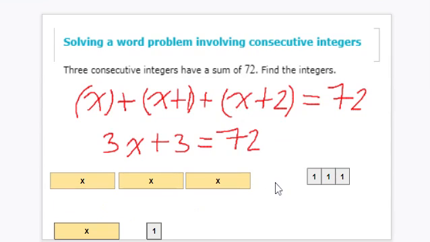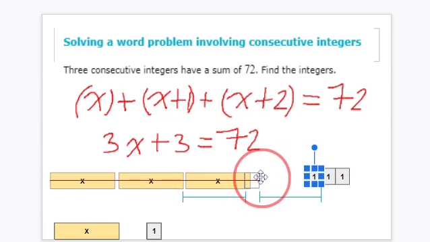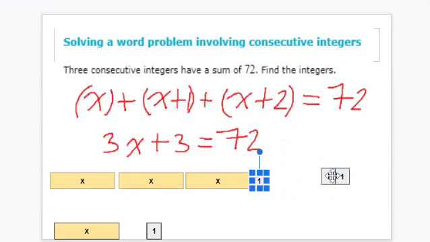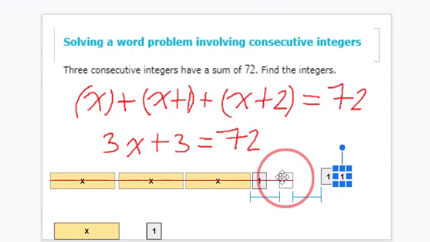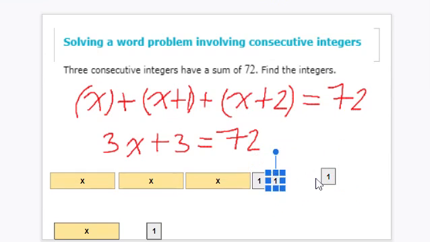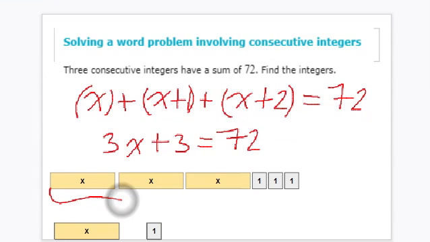And I know that my 3x's, let's move these over, plus my 3 1's, I know that this whole thing I can visually actually see, because math is so visual, I can actually see that all of those have a sum of 72.